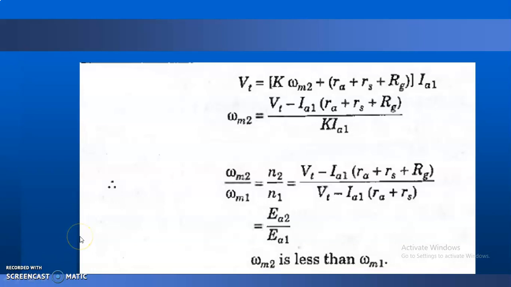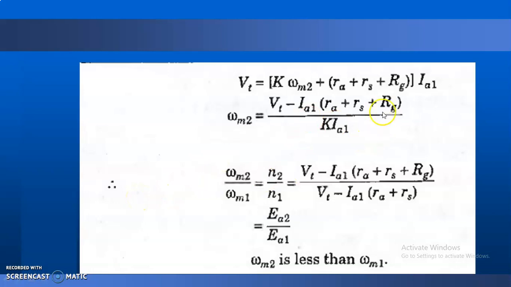So from here we see that just by inserting external resistance in series with the armature circuit, the speed can be controlled in the case of a DC shunt motor and in the case of a DC series motor. Speed regulation is not very important in the case of a series motor.